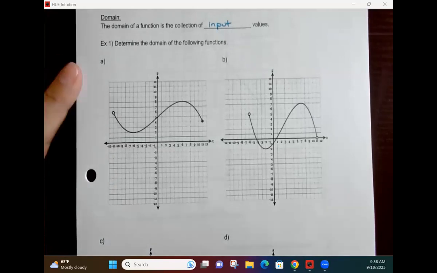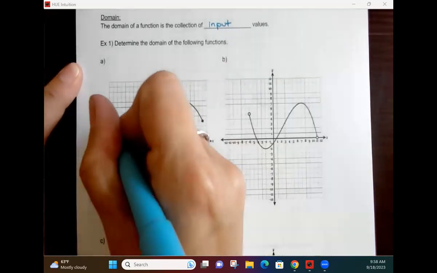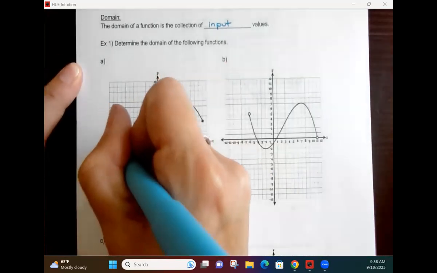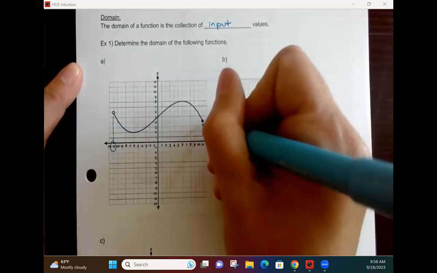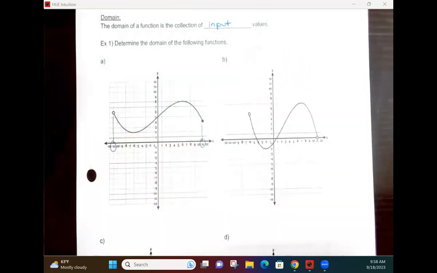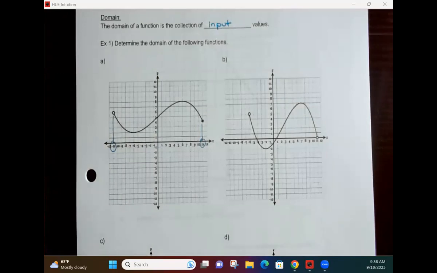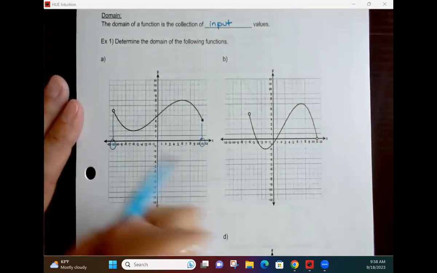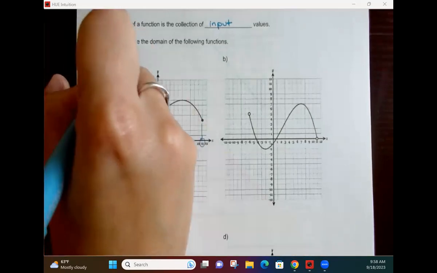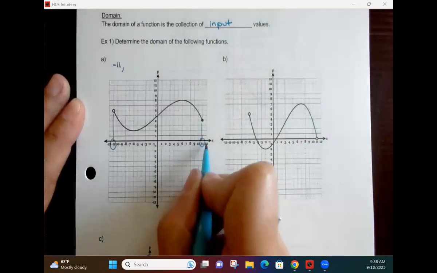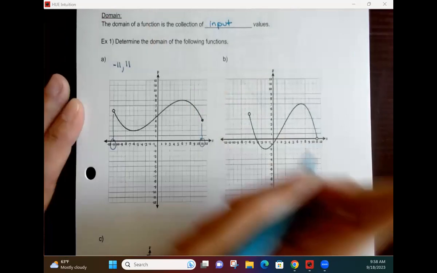So for a situation like this, we're looking at what's the x value farthest to the left and what's the x value farthest to the right. Where do I start and where do I stop? Okay. So x value where I start would be -11. X value where I stop would be +11.